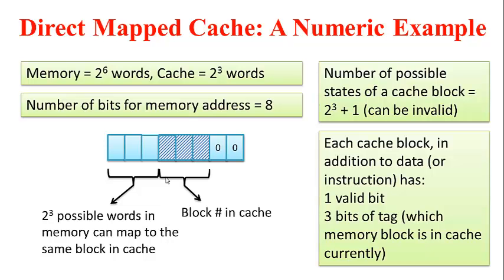Notice that for a given cache block location, the 8 possible memory addresses which map to that particular cache location can only differ in the MSB 3 bits. And these MSB 3 bits are known as the tag corresponding to this particular memory address.